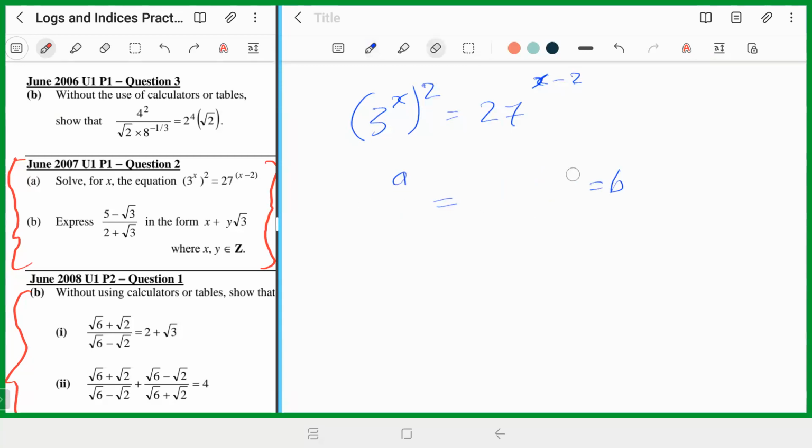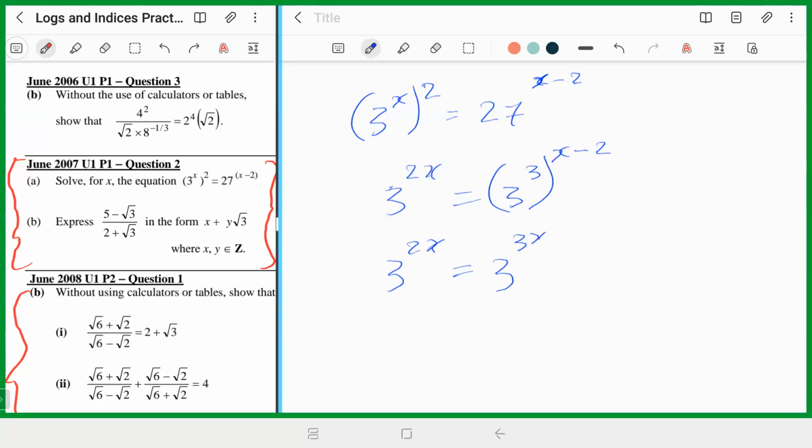Bring both sides to base 3. All right, so this becomes, we multiply these 2, you get 3 to the 2x right here. And this 27 now is 3 cubed. So it's 3 cubed to the x minus 2. And we're going to multiply these again. So I get 3 to the 2x equals 3 to the 3x minus 6.